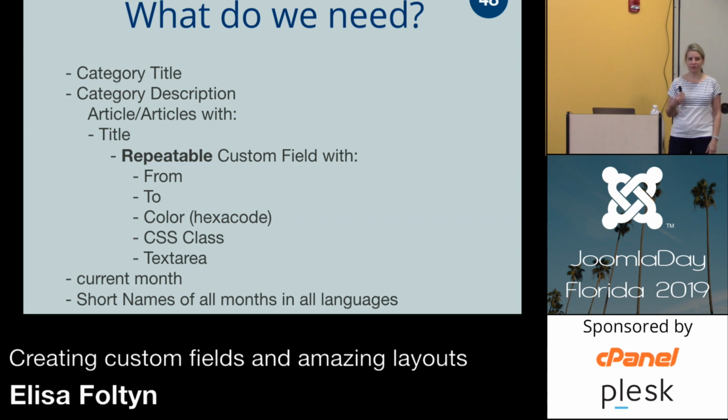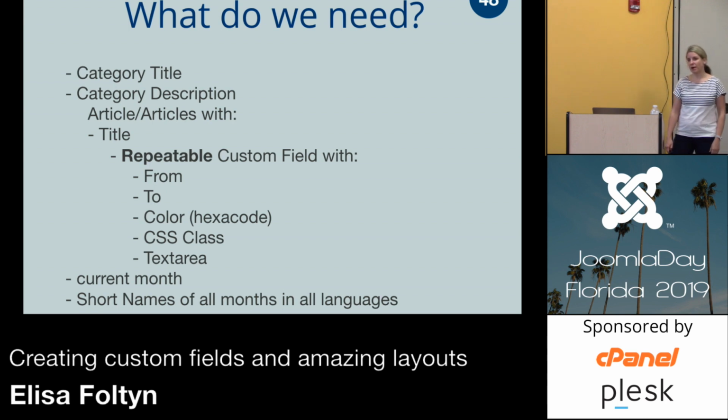And we need articles with a title and a repeatable custom field with from, to, color. We need to use just the hex code because for now we cannot add the color field in repeatable fields, but maybe in the future. Then we need a field for the CSS class and the text area.